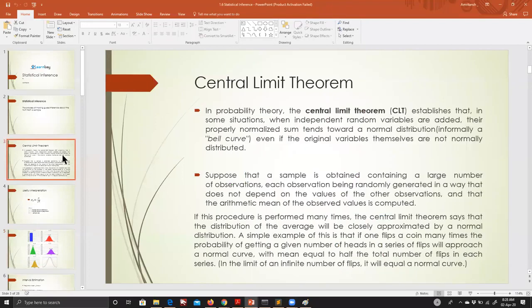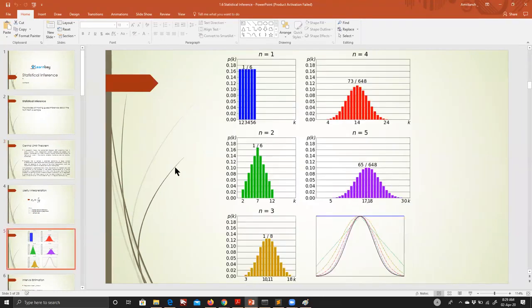Okay, so we were just discussing the central limit theorem, and we were establishing that when any independent random variables are added and properly normalized or the average curve is taken, and the repetition is in a higher number, let's say 50, 100, 200, then the normalized sum starts to look different.